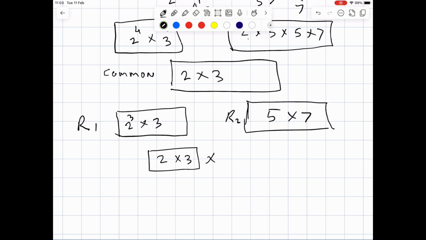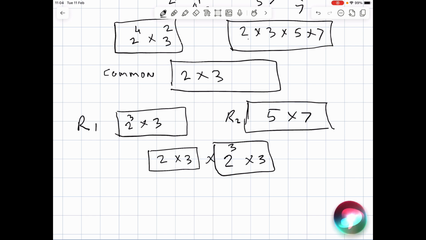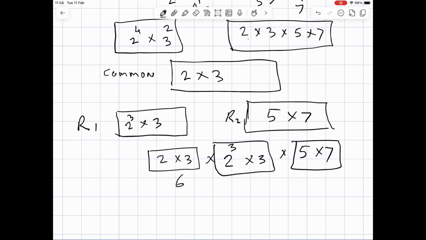So it's 2 times 3 as the common box numbers, and then R1 is 2 to the power 3 times 3, and then times the R2, the remaining from the second set, which is 5 times 7.